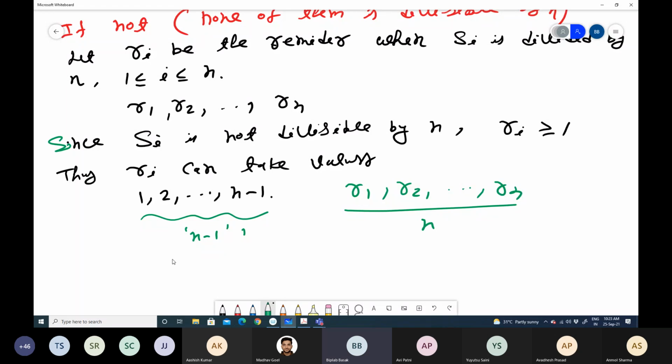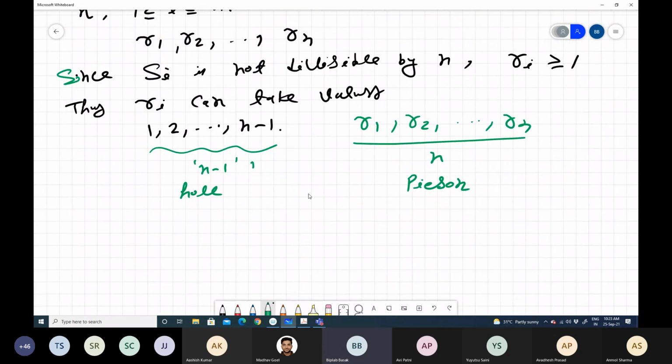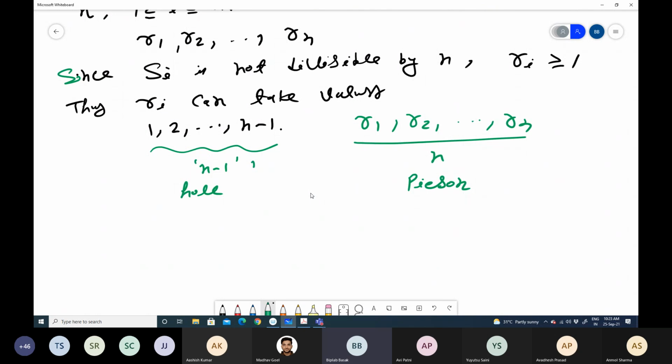So this is your holes and this is your pigeons. Therefore there is some hole which contains at least 2 pigeons.